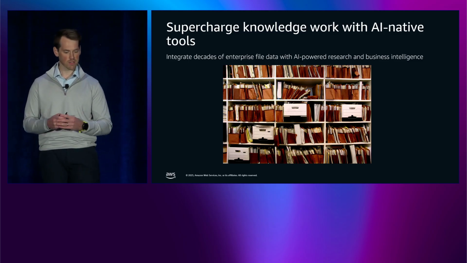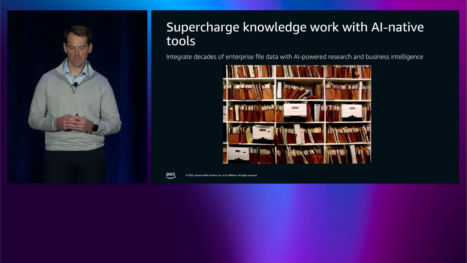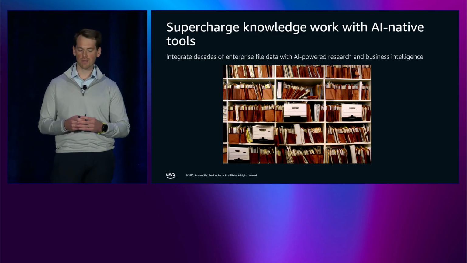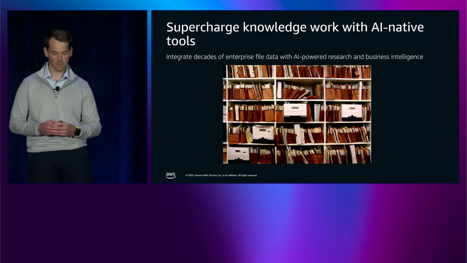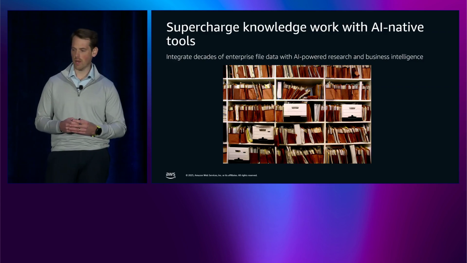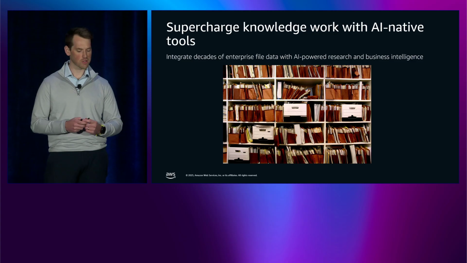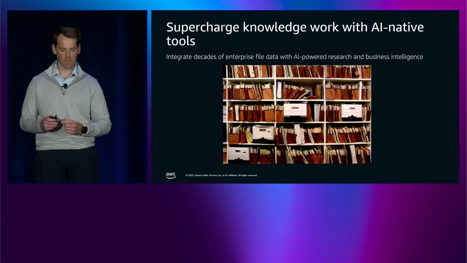We've heard from our customers that they want to be able to use Amazon Bedrock and QuickSuite to build AI-powered research assistants, but their proprietary data is in file systems, not S3. Before today, that meant building complex ETL pipelines, duplicating data, and managing synchronization, all while trying to maintain security and governance.